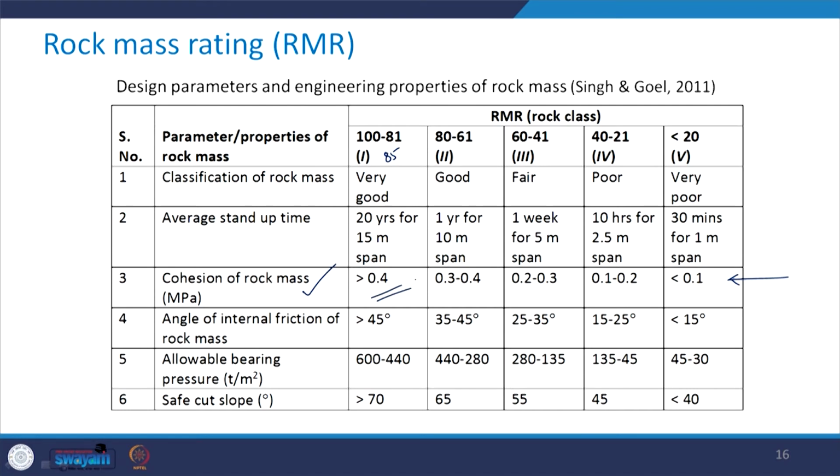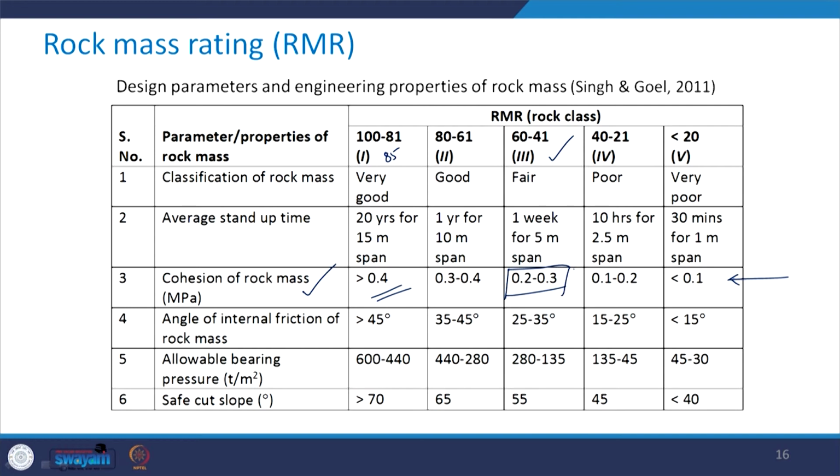Say it is 55. So, 55 will lie in this range, and the cohesion of the rock mass, you can get the idea that it is in between 0.2 to 0.3. So, this way rock mass rating is helpful in getting some idea about the cohesion of the rock mass.